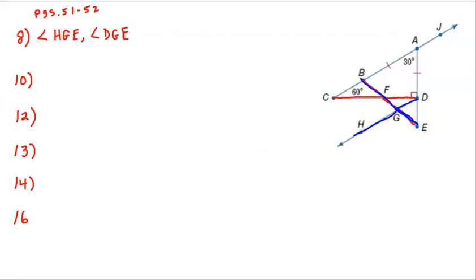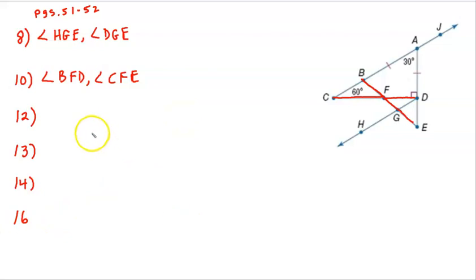So I'll just go ahead and go with that first option I had there. So we could say angle BFD, CFE would be obtuse vertical.